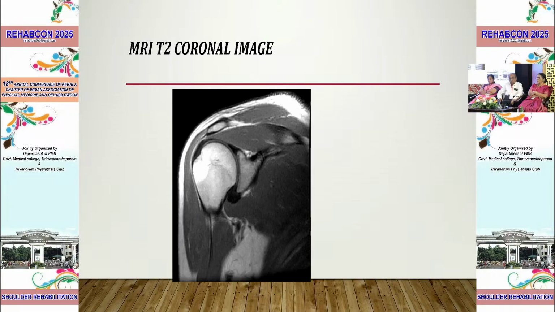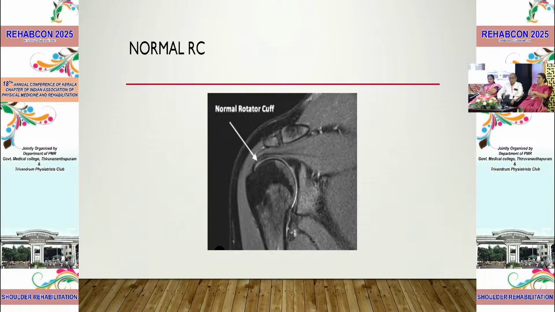The marrow in edema and all, the marrow becomes more bright. All the edema in the bone becomes better seen in the T2. So the purpose of a PDFS, T1, T2 differ in picking up the lesions.